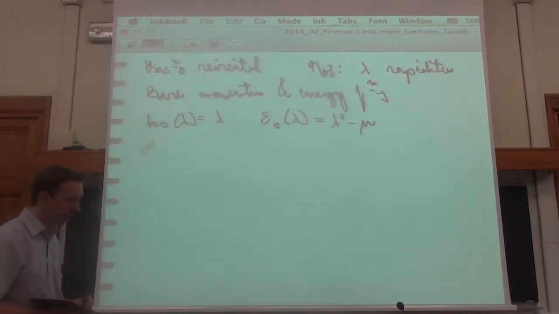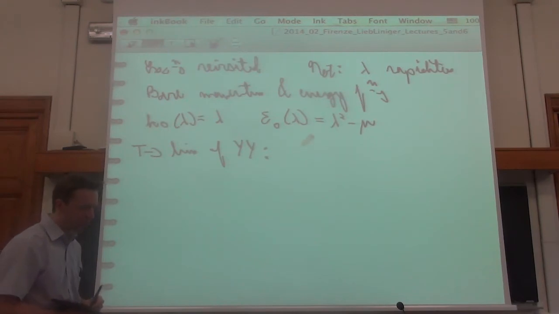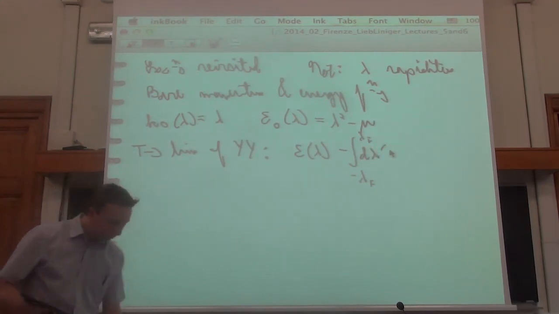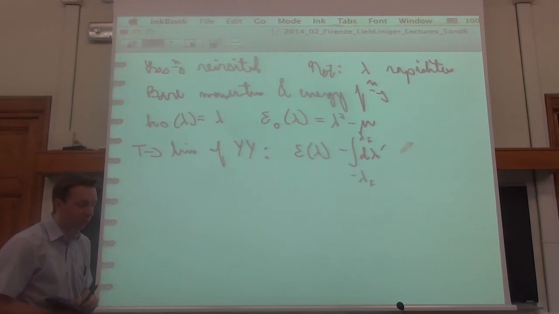So the T to 0 limit of Yang-Yang essentially just tells us that epsilon of lambda minus the integral from minus lambda_F to lambda_F, these being the boundaries in rapidities of our Fermi sea, and then we had our kernel c of lambda minus lambda prime times epsilon of lambda prime, this was then equal to epsilon 0 of lambda.